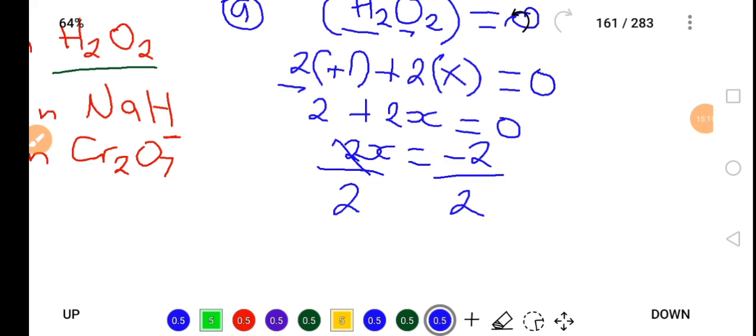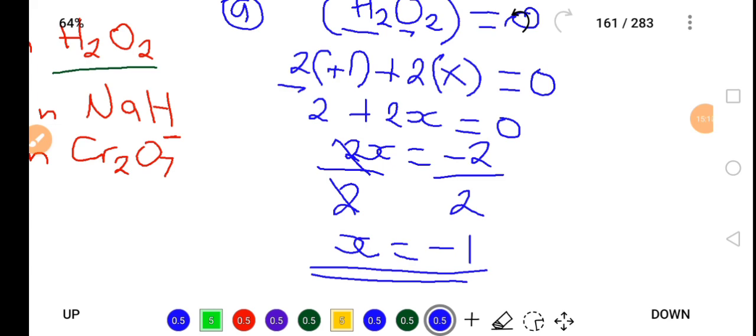So x here will be negative 1. So in peroxides, the oxidation number of oxygen is negative 1. But in the remaining compounds, it should be negative 2. So you need to understand that. This is what the rule was talking about.